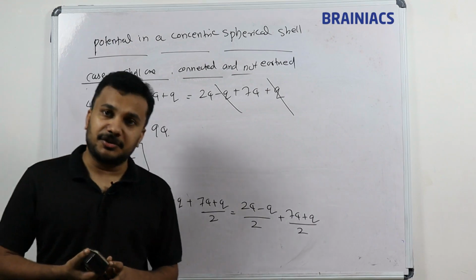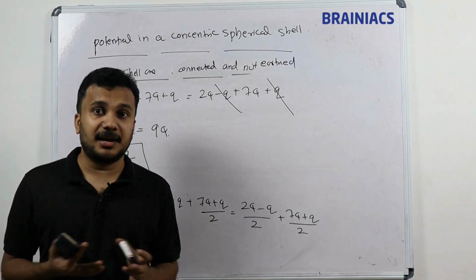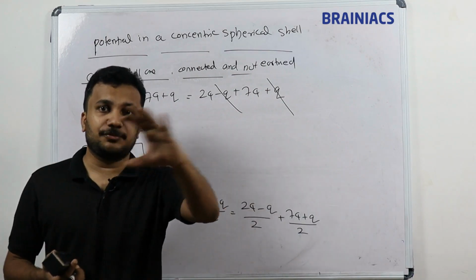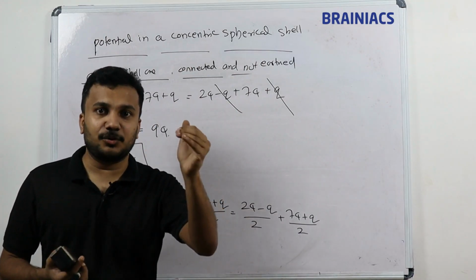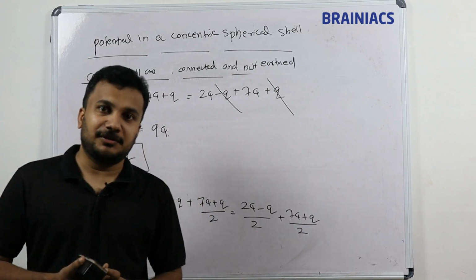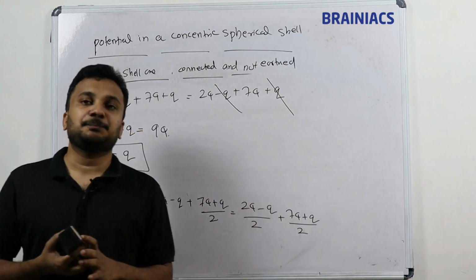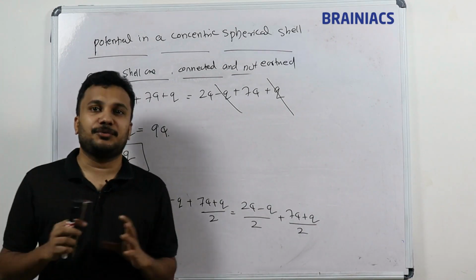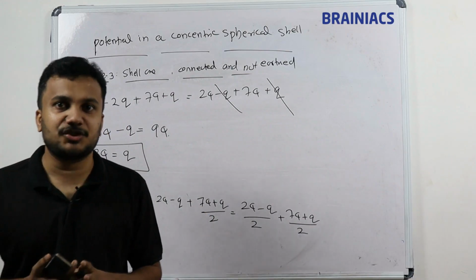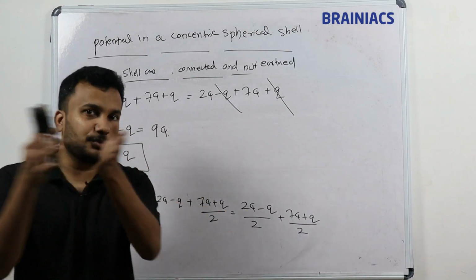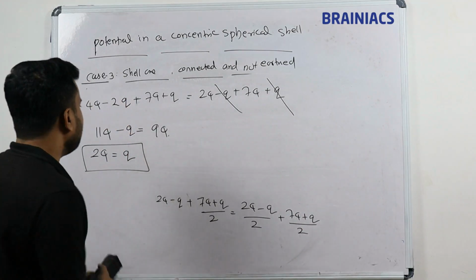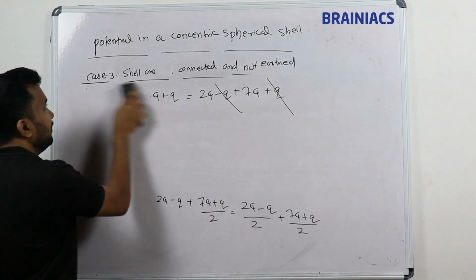Whenever you see in a diagram something called earthing, immediately you write potential is equal to 0 and you formulate the equation and find out whatever is asked in the question. This is the second point we have learned, and the third concept is connection of wires. What will happen if connection of wires is there? Connection of wires means potential at one sphere is equal to potential of the next connected sphere. That is the concept behind it.